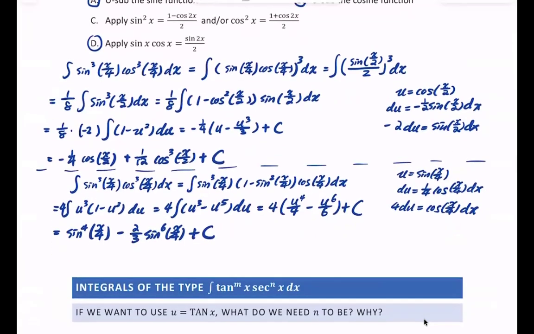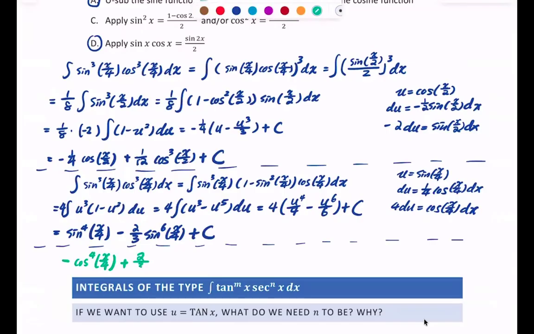I'm not gonna do the u-sub with cosine, but I can give you the answer if you do. The answer is exactly the opposite. So this is the case where you can see, depending on what approach you decide to do, the final answer looks completely different.